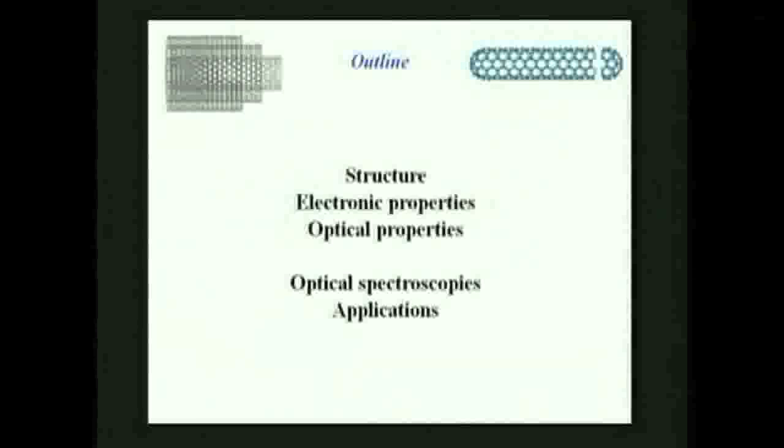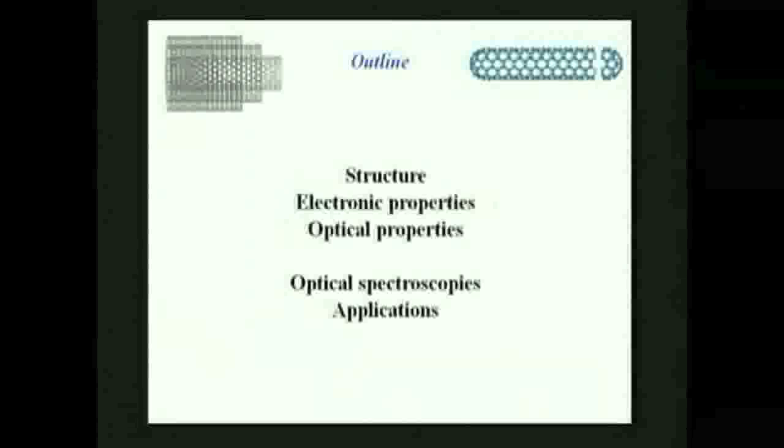What is the relation between these vectors and the number of hexagons or the number of carbons in a unit cell? And then at the end of the course today, we will try to relate the structure to the electronic properties. And then, either at the end of the course today or tomorrow morning, we will relate the electronic properties to the optical properties. When we know about electronic and optical properties, we will see what optical spectroscopic techniques are used to characterize nanotubes.